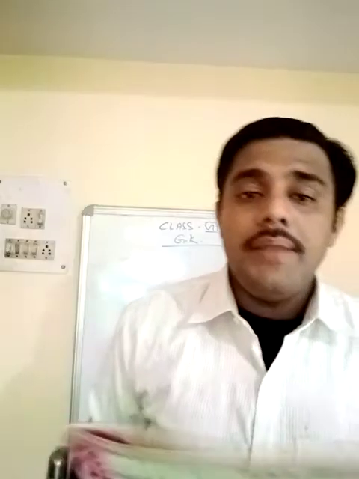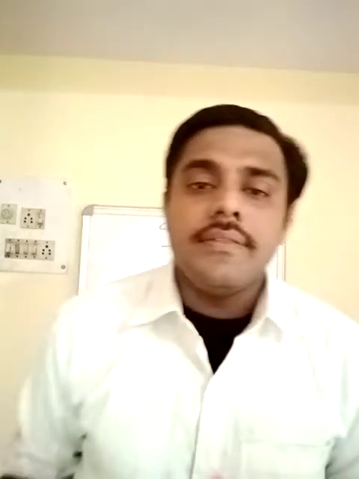Now children, many people are confused in regard to Martyrs Day. Martyrs Day was the day when our father of the nation, Mohandas Karamchand Gandhi ji, or Mahatma Gandhi ji as we lovingly call him, was assassinated by Nathuram Godse. UN Day, October 24.